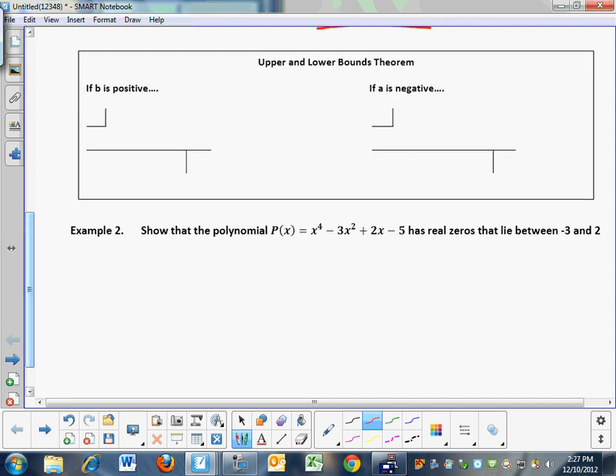There are upper and lower bounds, and here's what it says. If b is positive and you stick it into synthetic division, and you divide the polynomial out, and you get all positive results, then you know b is an upper bound.